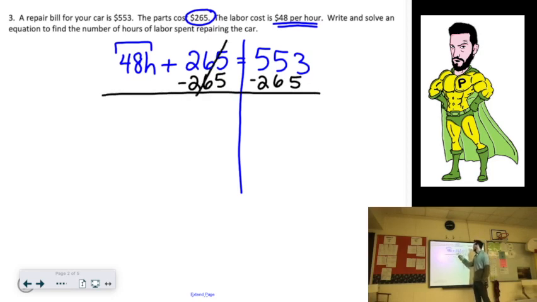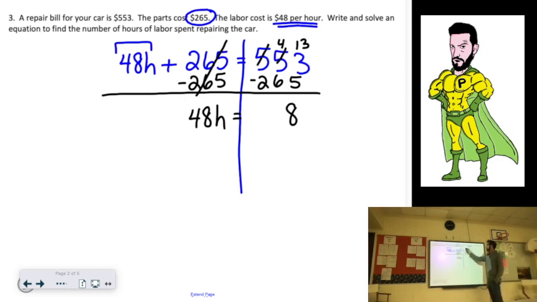These cancel, so we have 48 per hour equals, let's see, we're going to have to do some borrowing. 13 minus 5 is 8. 54 minus 26, well shoot, we can borrow again. 14 minus 6 is 8. 4 minus 2 is 2. So we're spending $288 just on labor, but that's $48 per hour.